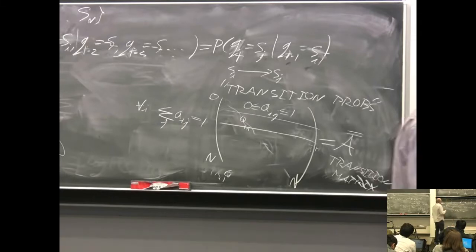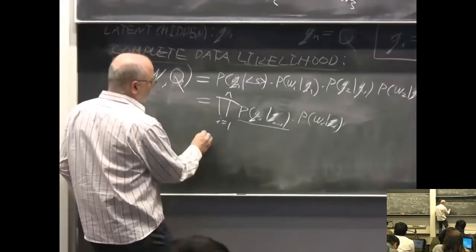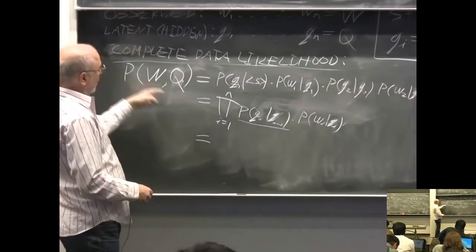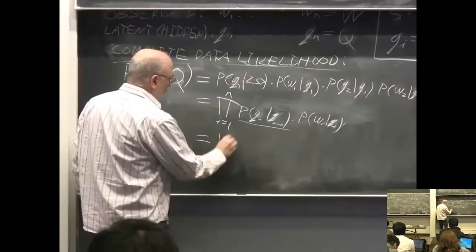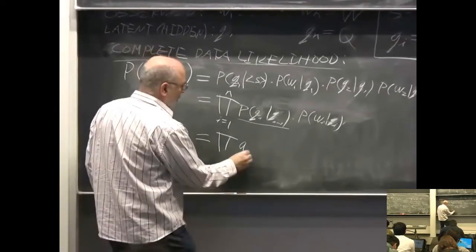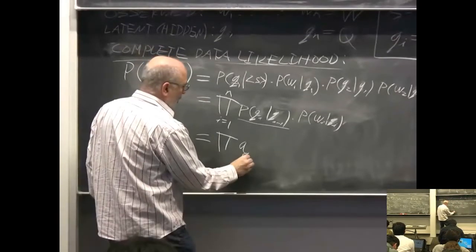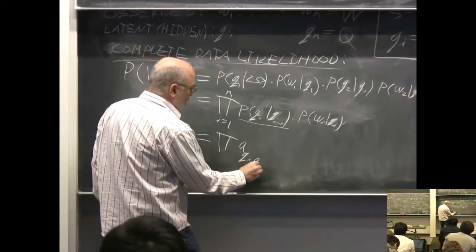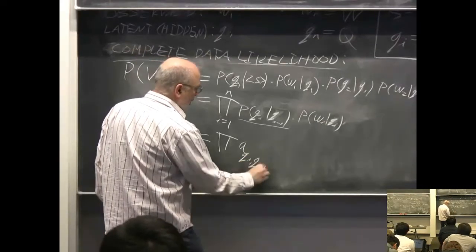So this takes care of this part. In fact, I'm going to rewrite this joint likelihood as a product of A of Qt, Qt plus 1.